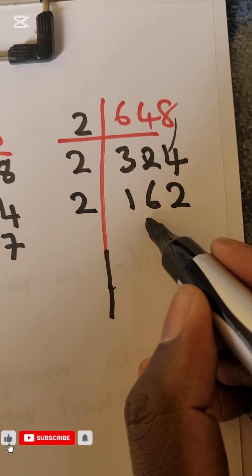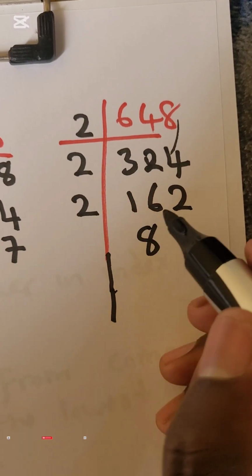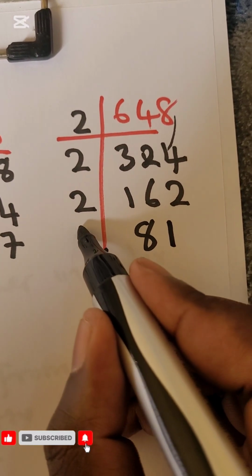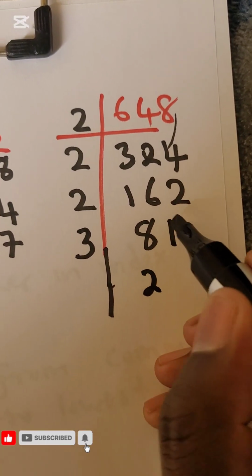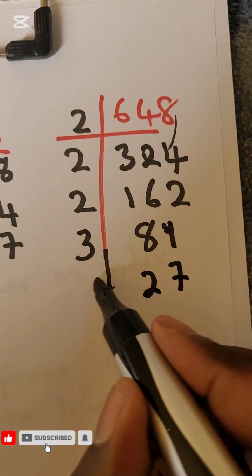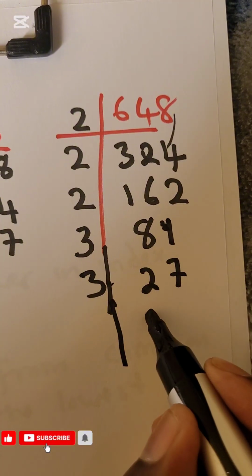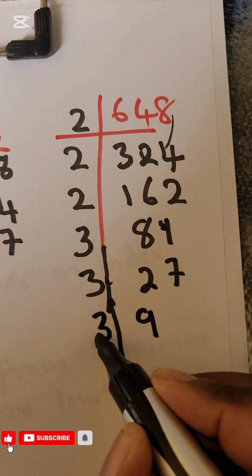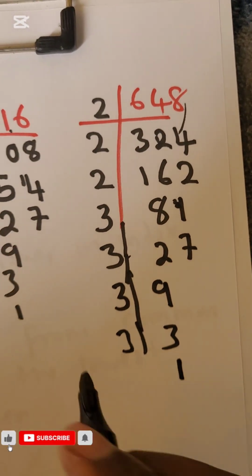And 2 into 16, we get 8. And 2 into 2, we get 1. So 3 can still get in. 3 into 6, that's 2, remainder 2, into 21, that's 7. Then 3 into 27, we get 9. And 3 into 9, we get 3. And 3 into 3, we get 1.